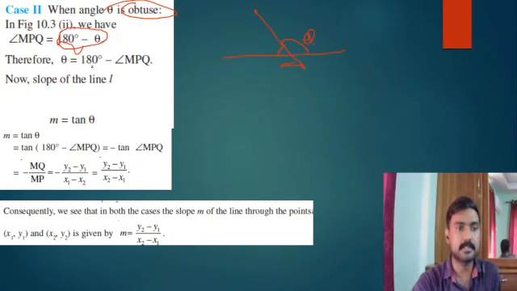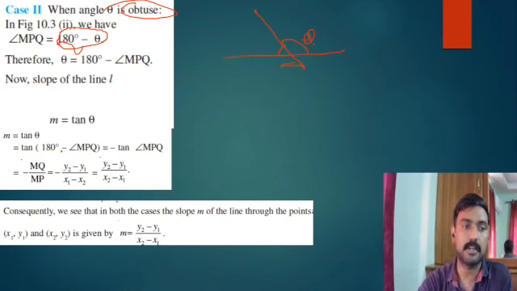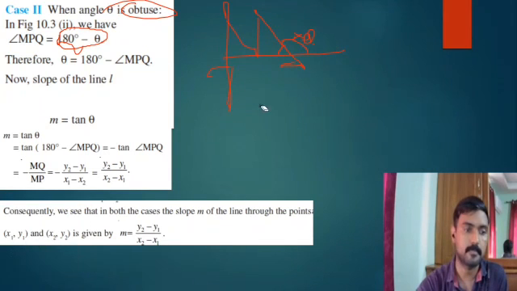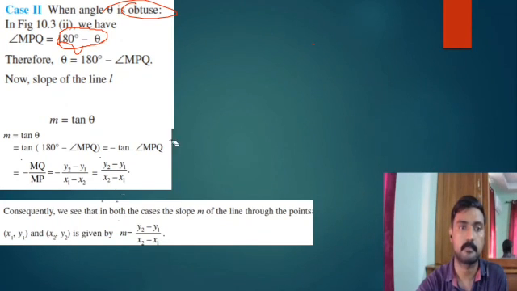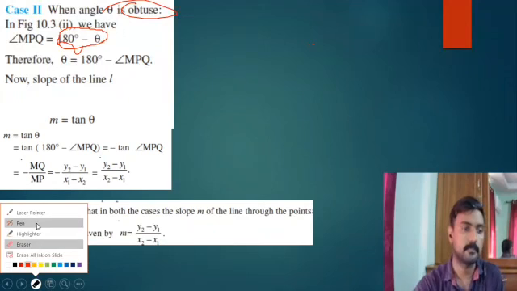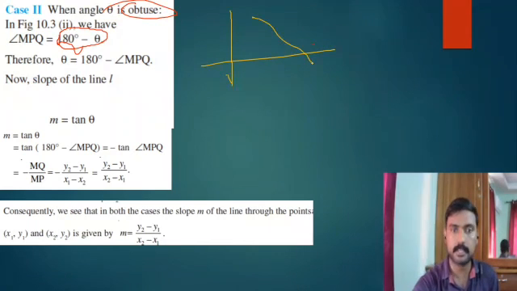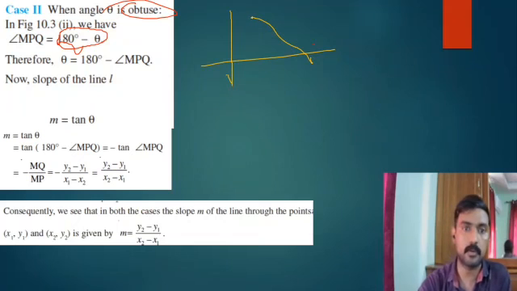Then we can discuss m is equal to tan theta, and tan theta is equal to 180 minus theta. Instead of this angle, we consider this, because suppose this is the axis and the line is giving slope towards the left direction.